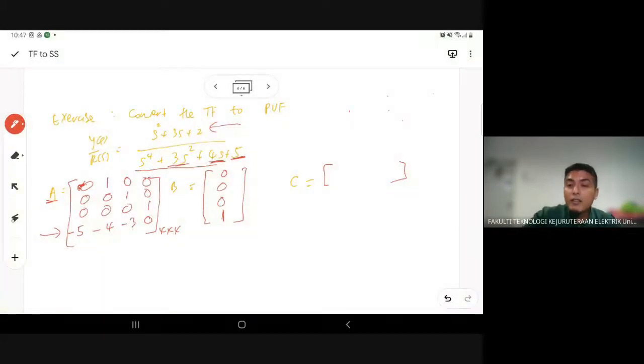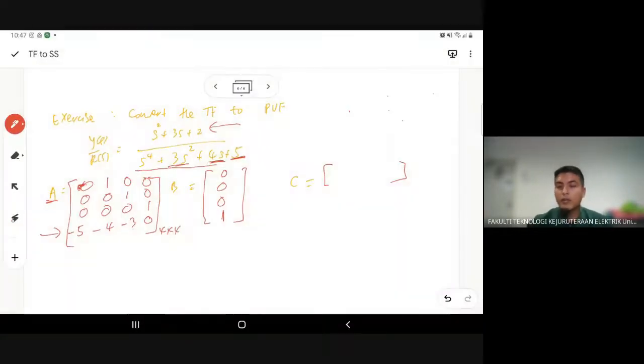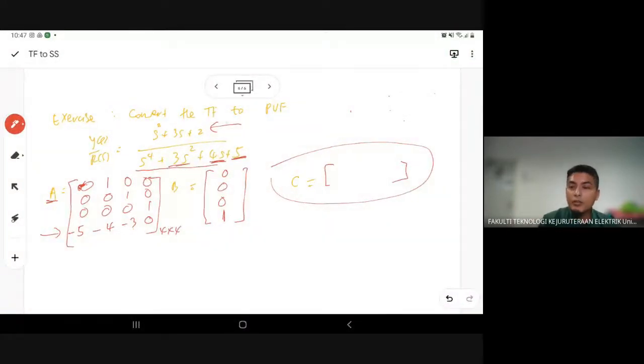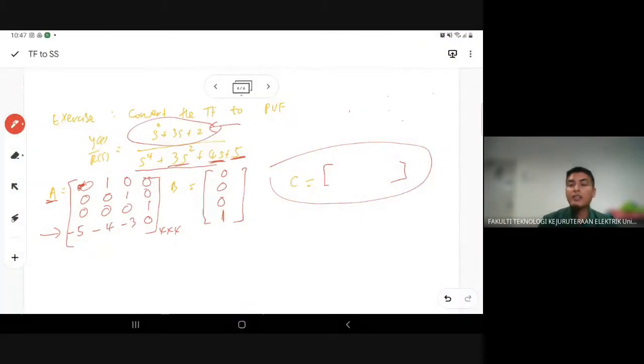So what's the answer, Devendran, for the C matrix? For the C matrix here, which part do you need to refer to, numerator or denominator?